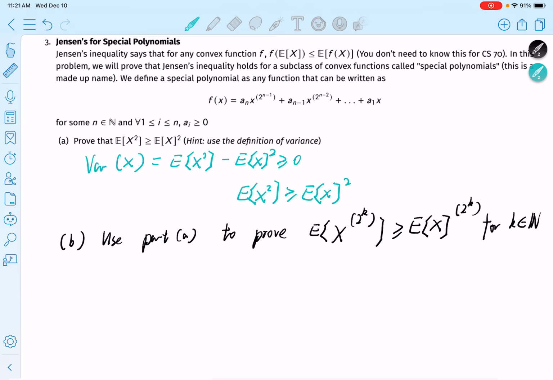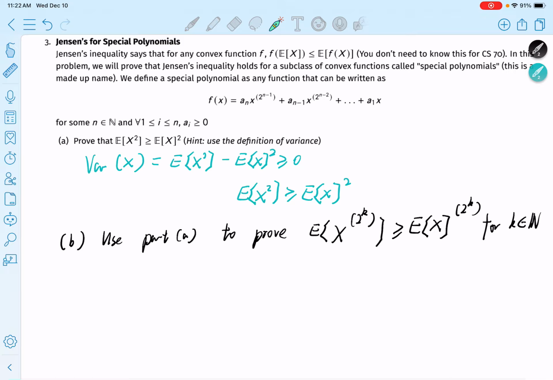But to start with, we want to prove a general argument for k a natural number, right? What is an approach that you may think of to prove a general statement of k? One thing you may notice is that in the really early part of the semester, we learned mathematical induction, right?